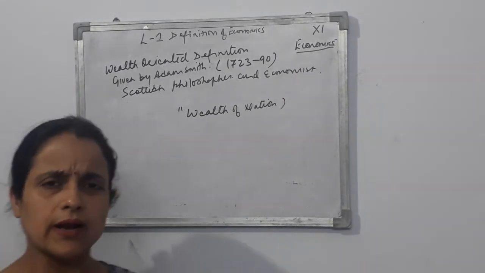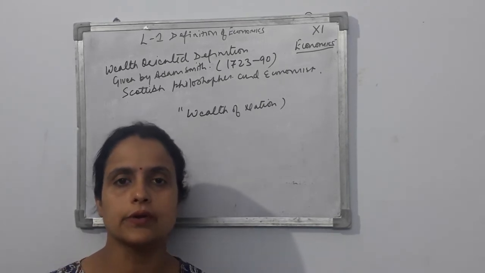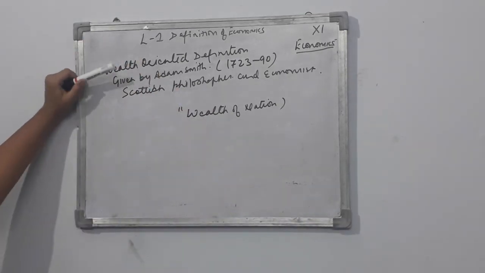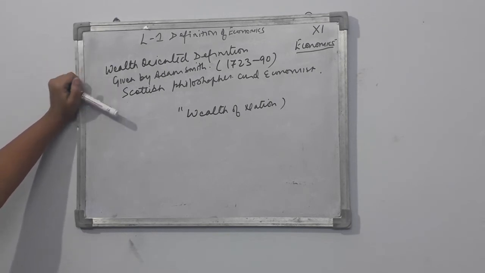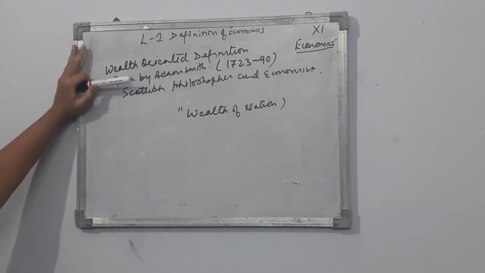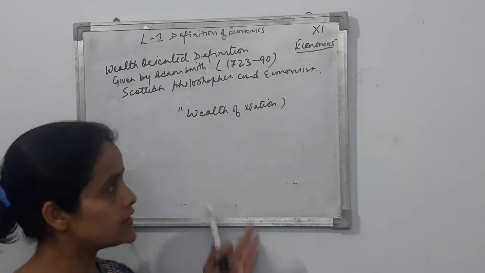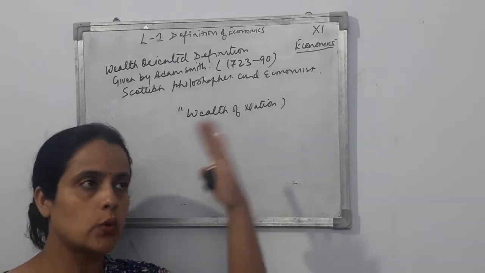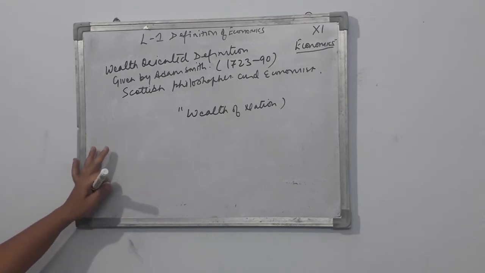So let's talk a bit about Adam Smith, because he is considered to be the father of modern economics, so it becomes very important for us to at least know a few things about him. Adam Smith was born in 1723 and died in 1790, and he was a Scottish philosopher and economist. One of his famous books is Wealth of Nations. Out of this book we came to know about the economics definition given by him, which revolves around what? The wealth. Right? Now, he laid the French means, leave alone policies.